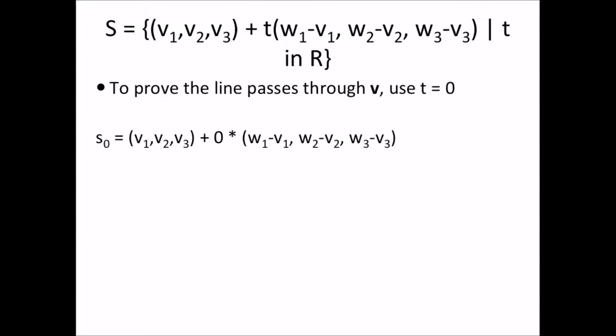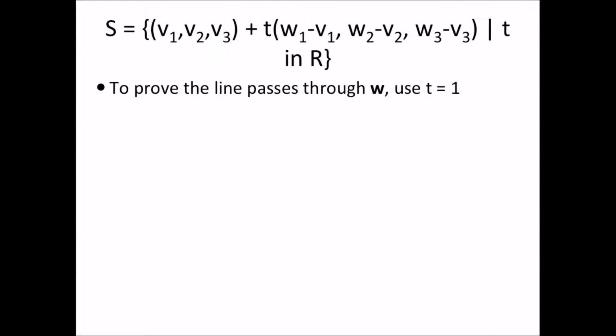Each of the coordinates within this point would go away due to multiplying them by 0, so that when we deal with each of the coordinates, we have v1 plus 0, v2 plus 0, and v3 plus 0. When we simplify, we see that we're left with (v1, v2, v3), and therefore point v is in the set that we have described.